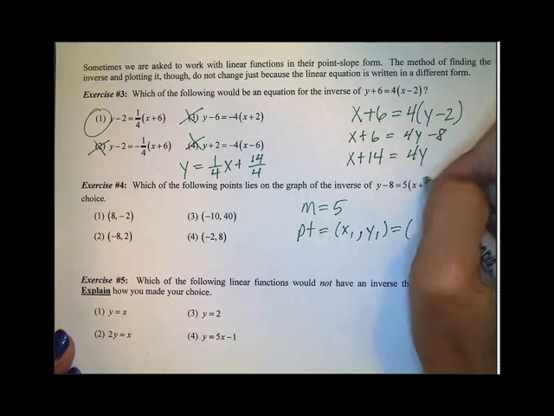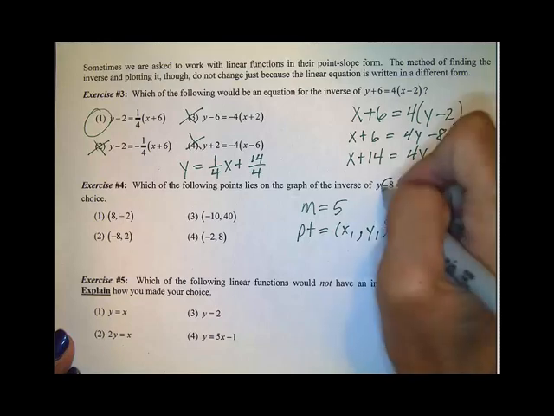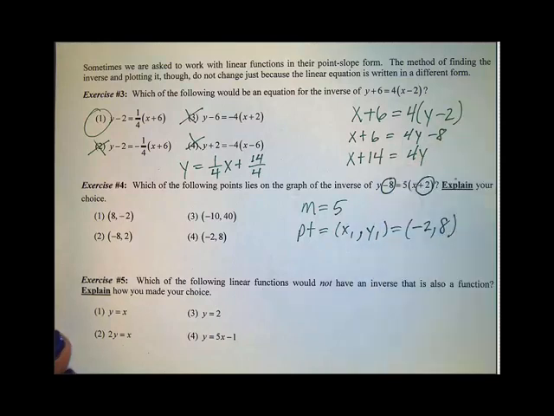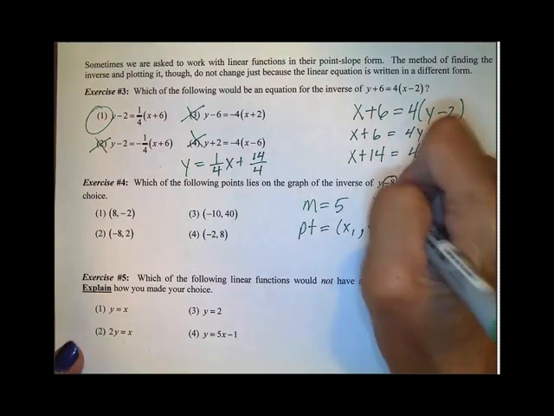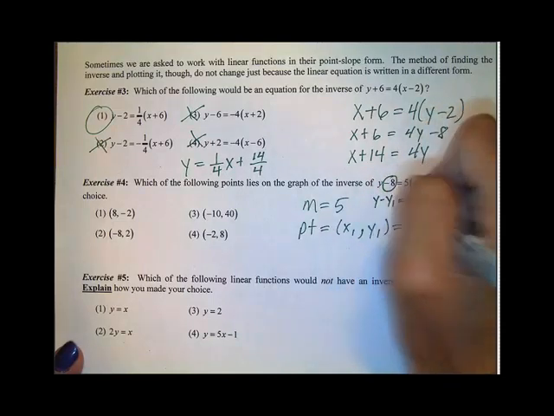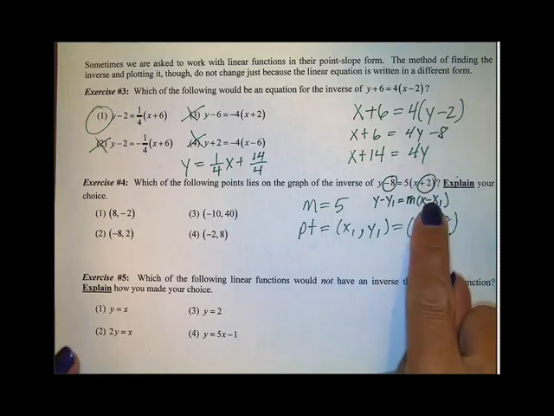So be careful because this says plus 2. We know it's a -2. And then this one is a -8, so it's a +8. Because the equation, remember, is y minus y1 equals m times x minus x1. And that minus sign means opposite.